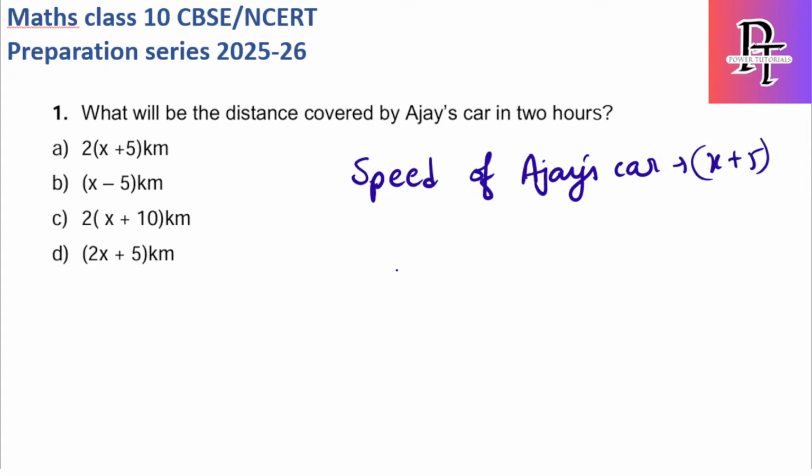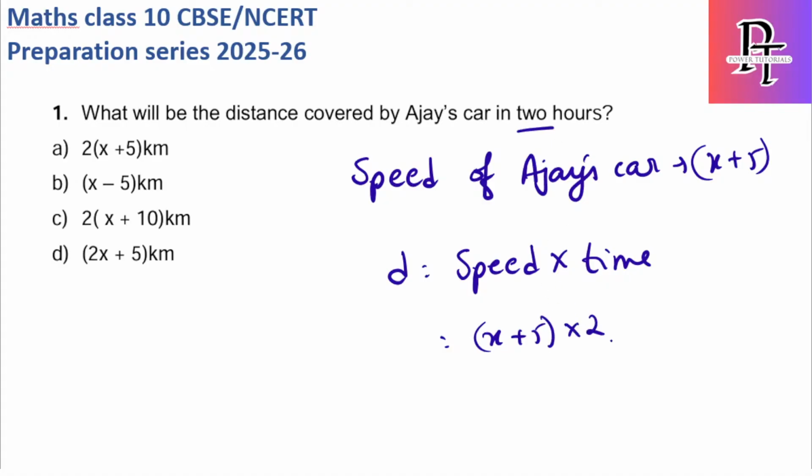If speed is mentioned, then distance is equal to speed into time. They are asking for 2 hours, so speed we know, which is x plus 5. So what is the time? 2 hours. So simply multiply by 2, which is 2 into x plus 5. Is it clear?